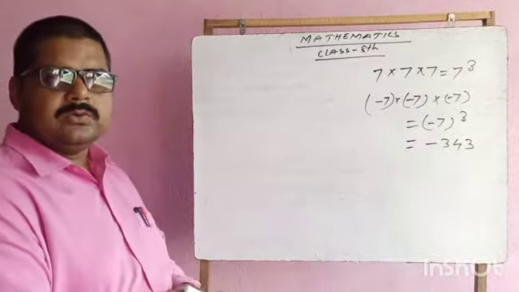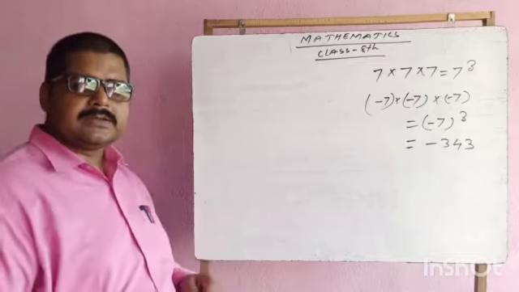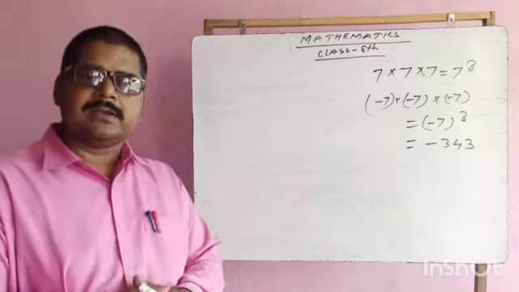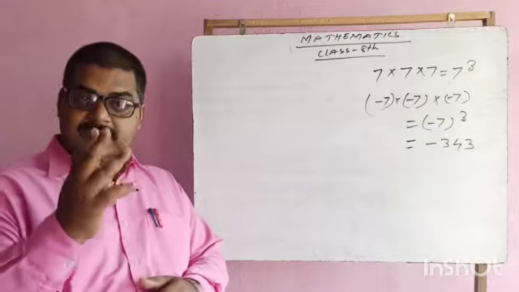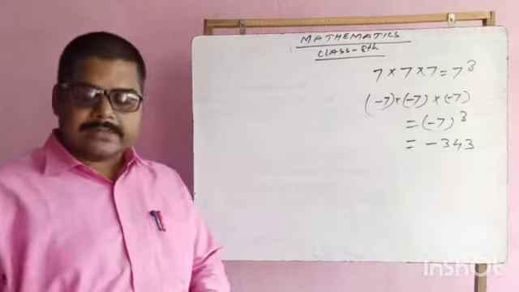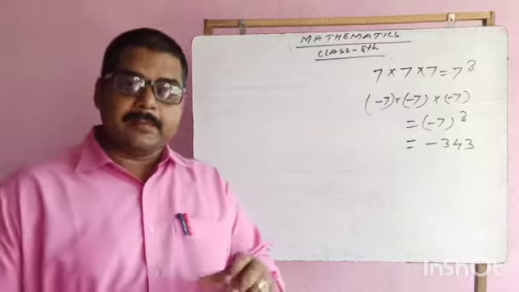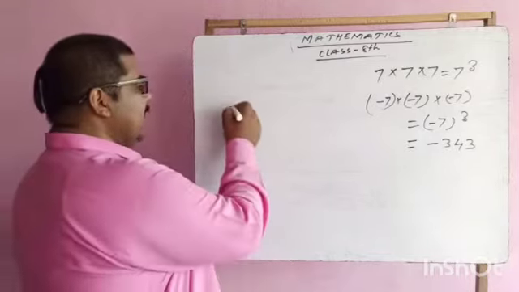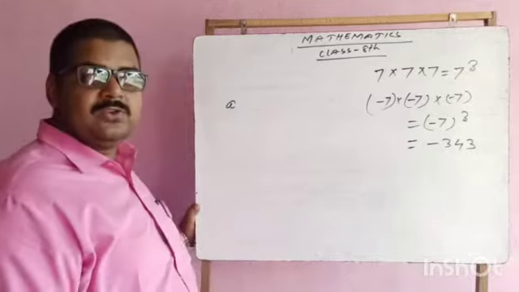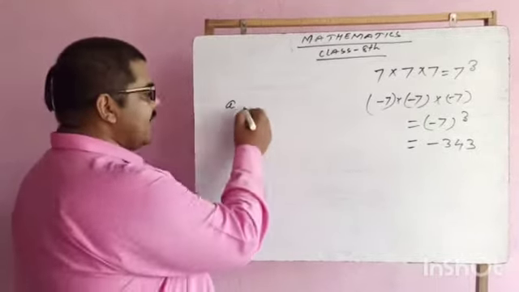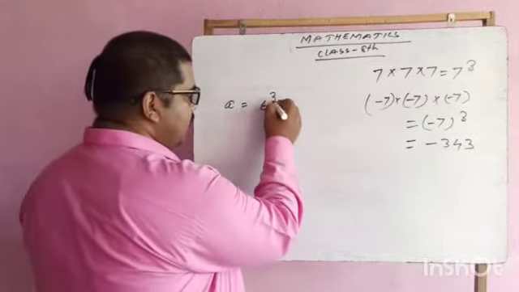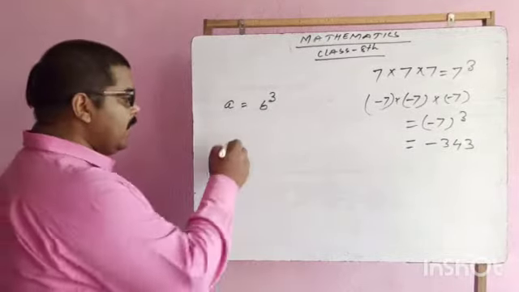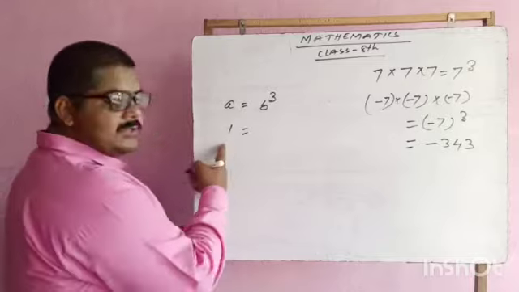What do you conclude? The cube of a natural number is the natural number raised to the power 3. And what is a perfect cube? Suppose A is said to be a perfect cube when it can be expressed in the form of B cube. For example, 1 is a perfect cube.